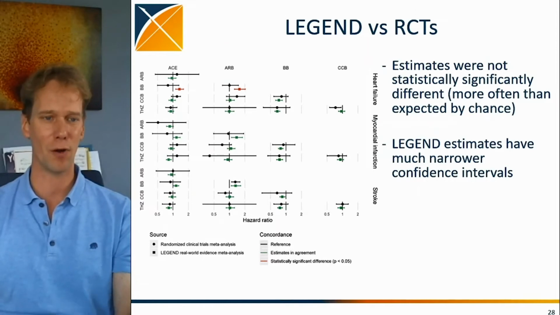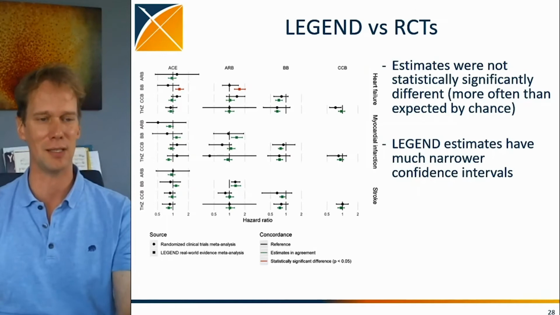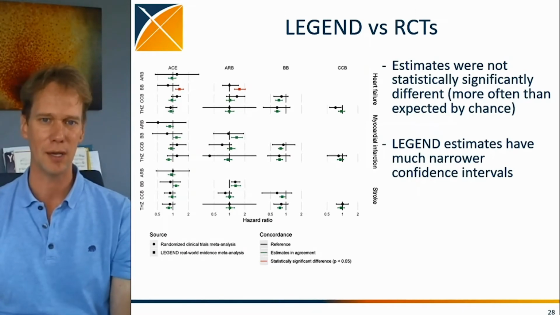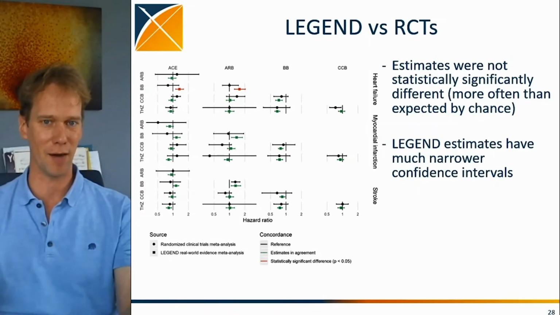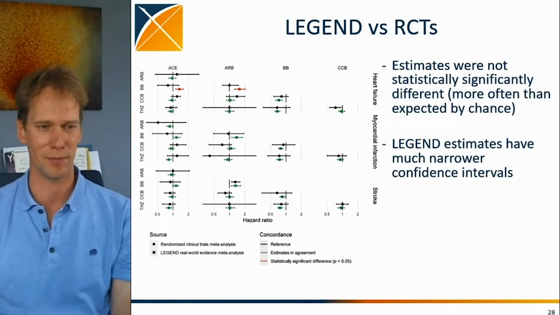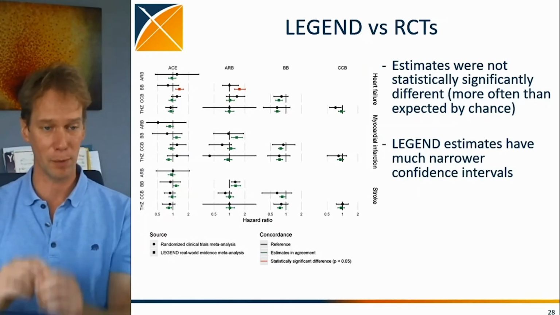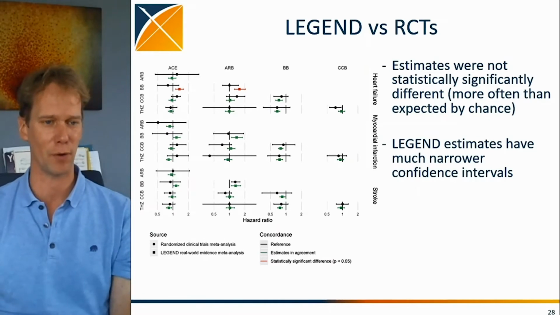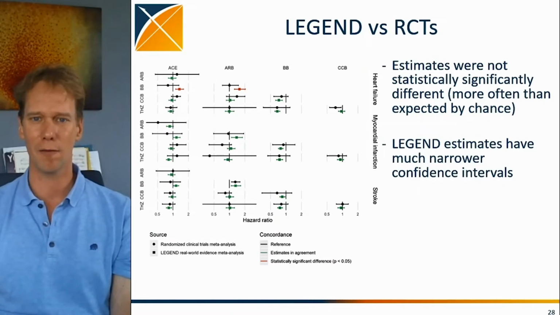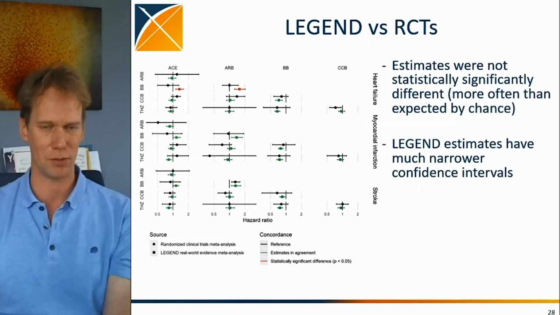And so even though there is not a significant difference between the RCT estimate and the LEGEND estimate, it can very well be that the confidence interval from the RCT is so wide that it includes one, so not able to reject the null hypothesis, whereas a LEGEND estimate has a much narrower confidence interval, completely within the confidence interval of the randomized trials, but showing an effect just because it's so much narrower.